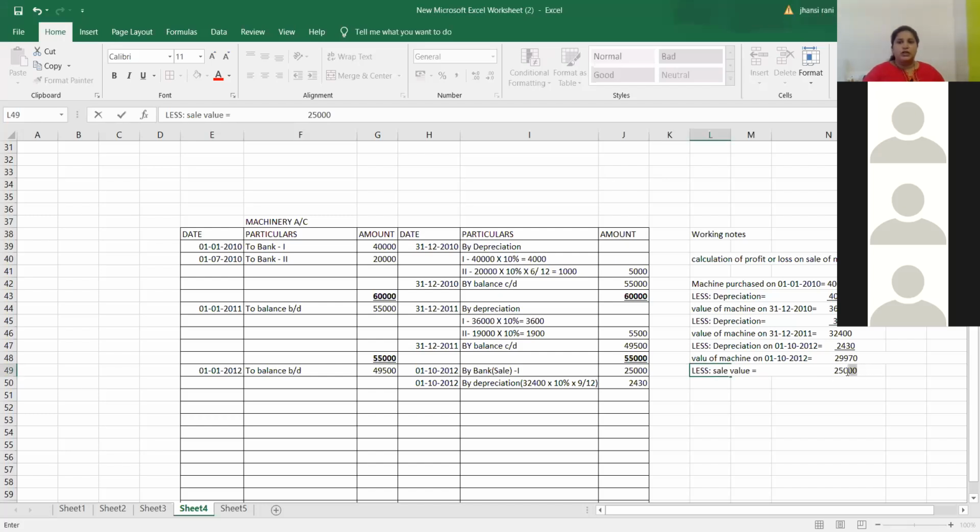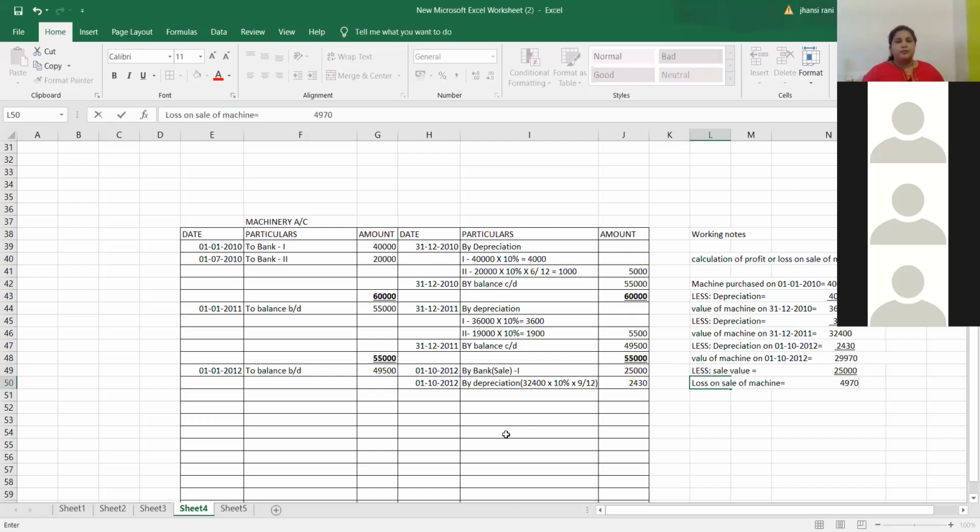It means we got a loss and the loss value is 4,970. 29,970 minus 25,000 and the balance is called loss on sale of machine. That is 4,970.